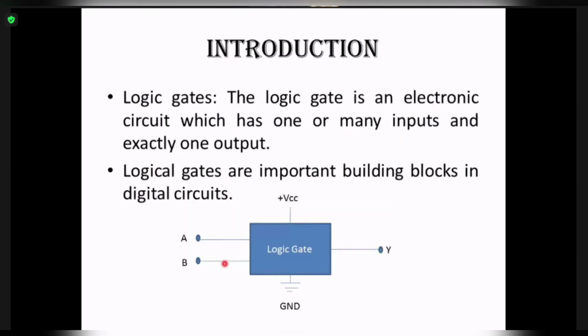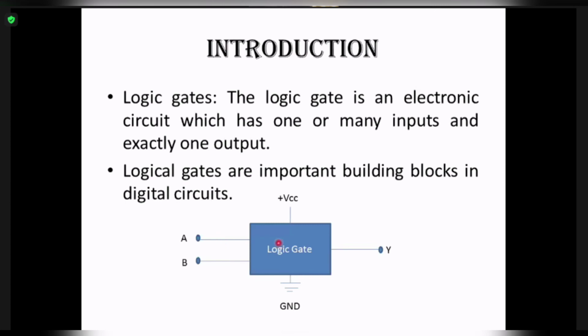So now if my logic gate is having two inputs, input A and input B, the number of inputs n is equal to 2, right? So what will be the possible combinations? What is the formula? 2 raised to n. Here n is 2.